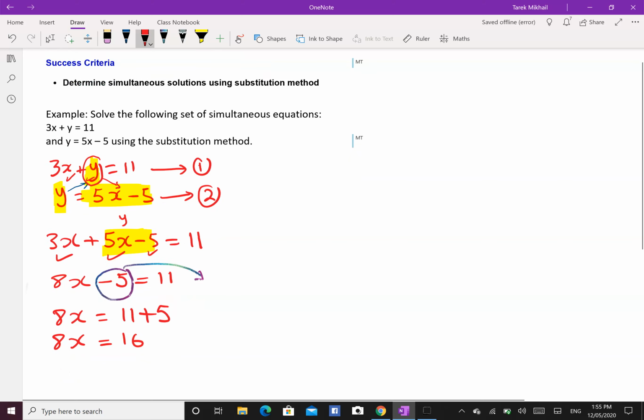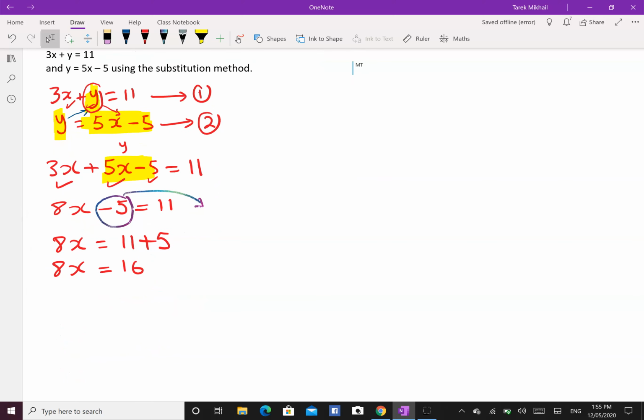Now I don't need 8x, I need just x, so I need to get rid of the 8. 8x means 8 times x, and the opposite of times is divide, so you divide this by 8 to get rid of the 8. So 8 and 8 cancel. 16 divided by 8 is 2. So x equals 2.